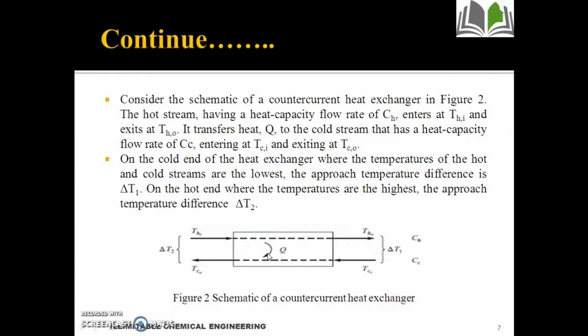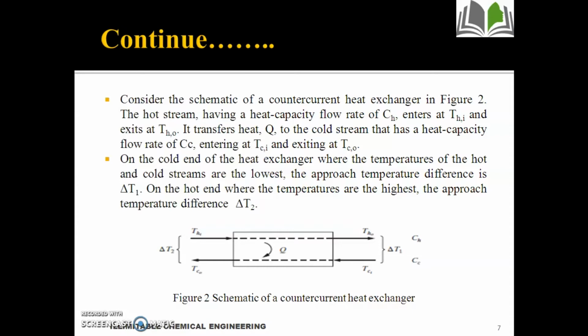So consider the schematic of the countercurrent heat exchanger in figure number 2. The hot stream, having a heat capacity flow rate of Ch, enters at the inlet temperature Thi and has outlet temperature Tho. It will transfer the heat Q to the cold stream, which has a heat capacity flow rate of Cc, entering at the inlet temperature Tci and exiting at the temperature Tco.